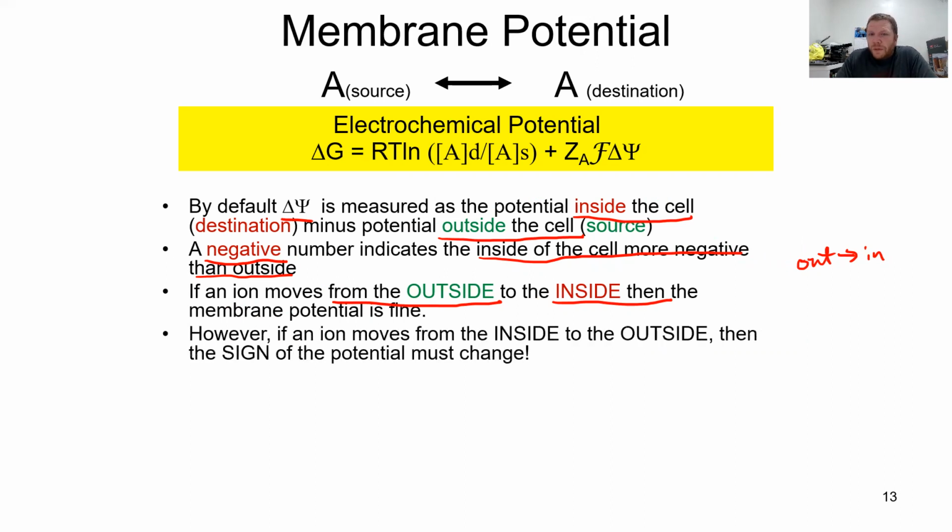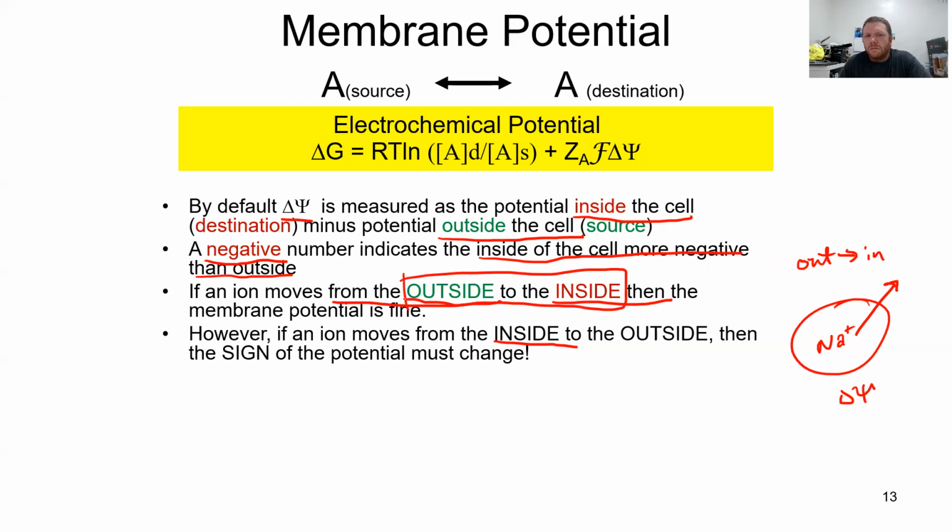If an ion moves from the inside to the outside, so if Na, for instance, to visualize this, is going from here to here, from the inside to the outside, then you have to change that delta psi value, whatever it's reported as. So what I want you to think about is if it's going from the outside to the inside, out, in, then don't worry about the sign.